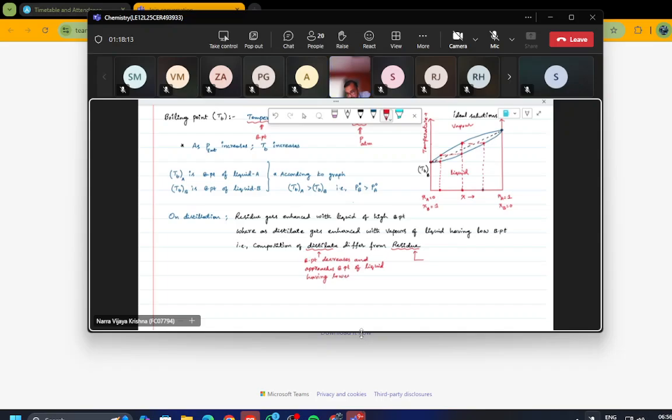Correct? And the boiling point of the residue enhances and approaches the boiling point of the liquid having higher boiling point. Any questions, sir? Right?